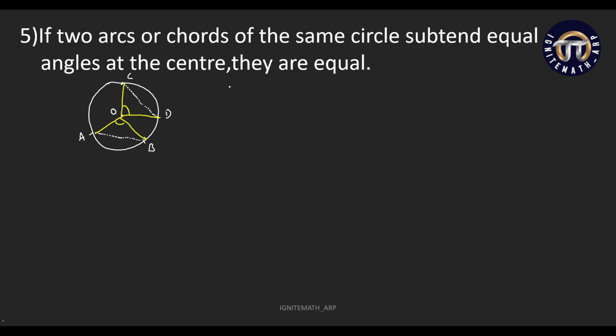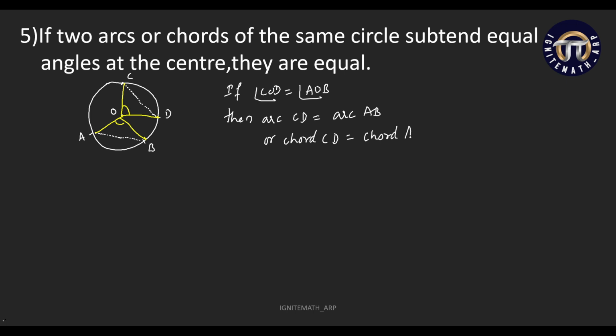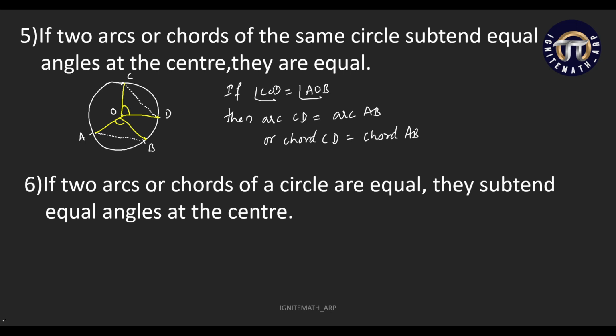So here, if angle COD is equal to angle AOB, then arc CD is equal to arc AB, or chord CD is equal to chord AB. The angles are equal, then the chords or arcs are equal. Very simple. Now the converse statement: if two arcs or chords of a circle are equal, they subtend equal angles at the center. Very simple.